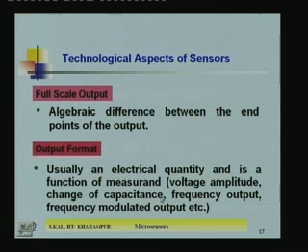That means the output format may be voltage amplitude, change of capacitance, frequency output, or frequency modulated output. These are different output formats you can get from a sensor, and the full scale is the minimum to maximum output we can get. That is also a parameter you have to look at when selecting a sensor for a certain application.